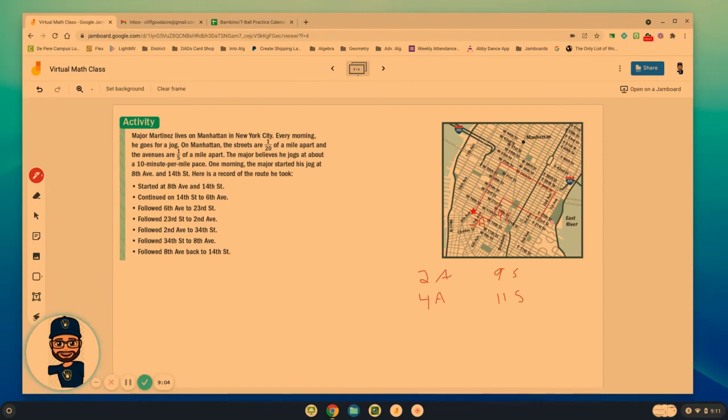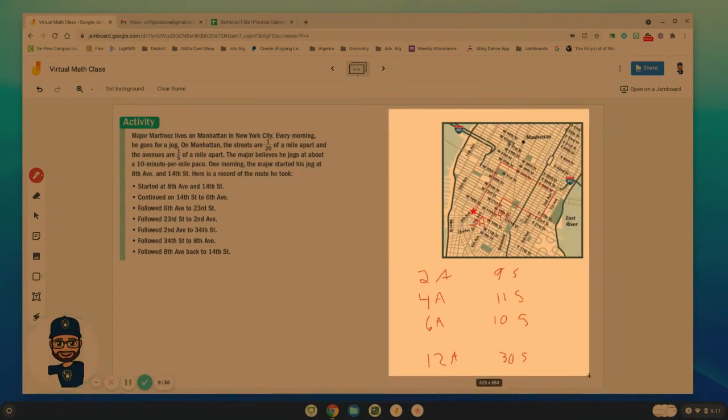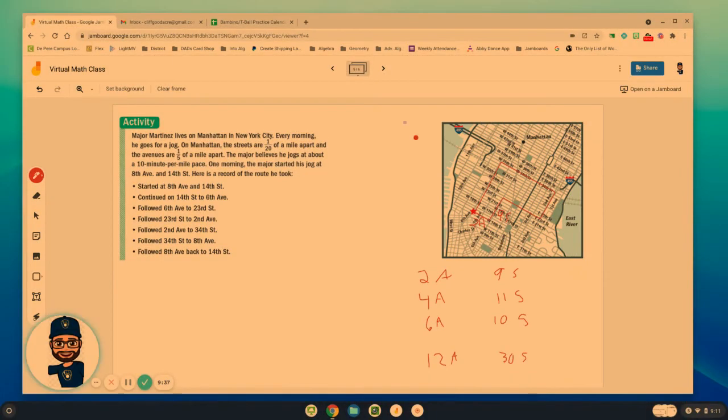And then he went from 2nd Avenue all the way back to 8th Avenue, so 6 more avenues. And then from 34th back to 14th, which is 10 more streets. So we can use that to figure out that he went a total distance of 12 avenues and a total distance of 30 streets. Okay, and that's information that we need to be able to answer these next questions.